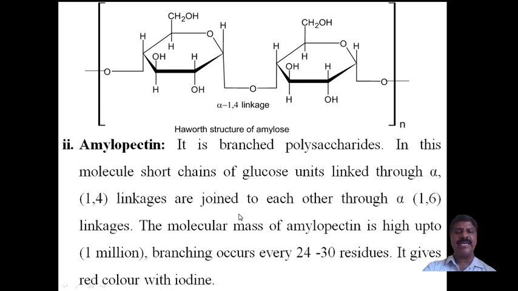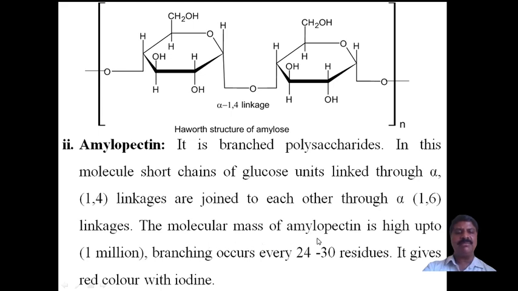One makes the branch, and another one is a small straight line. Therefore, there are two linkages: one is the linear linkage, another one is the branch linkage. There is the alpha 1,4 linkage and the alpha 1,6 linkage.